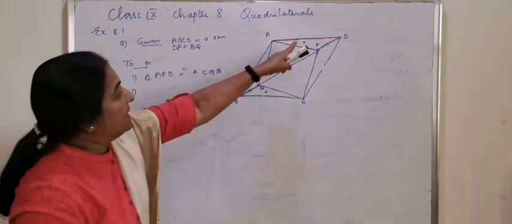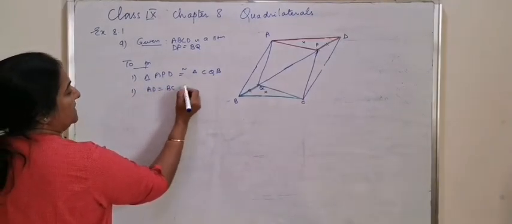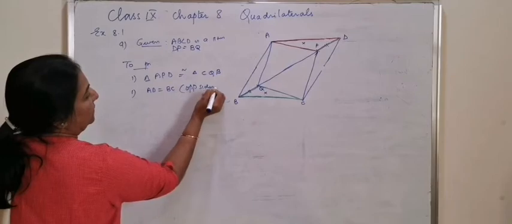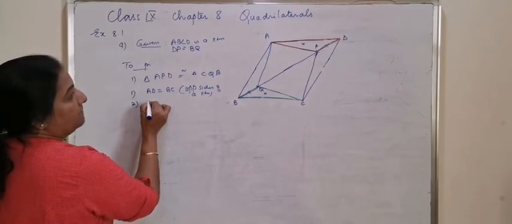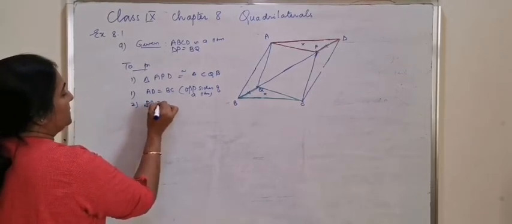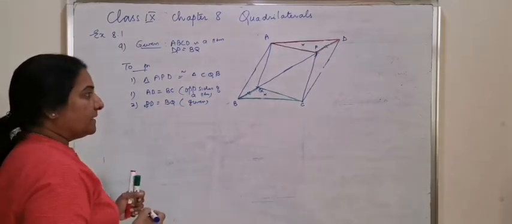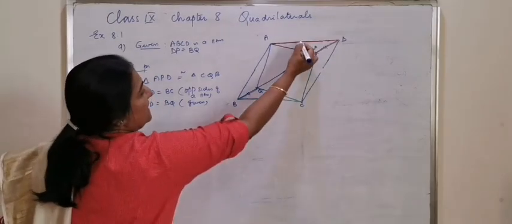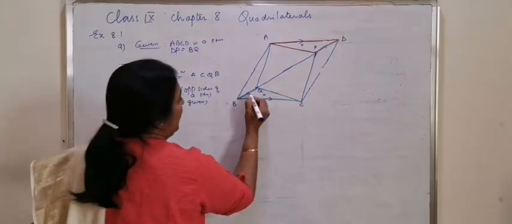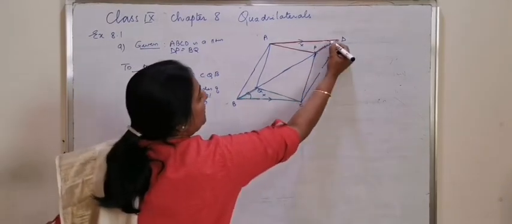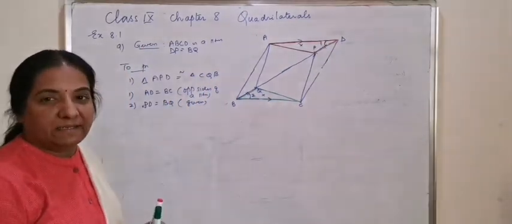Check the triangles APD and CQB. The first part: AD is equal to BC, opposite sides of a parallelogram. The second condition: PD is equal to BQ, which is already given in the question. And for the lines BC and AD, if you check the transversal BD, angle 1 and angle 2 are a pair of alternate interior angles.